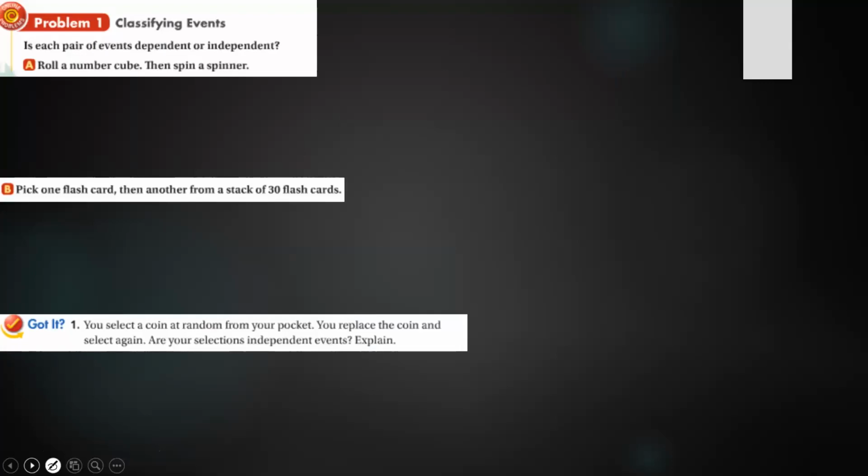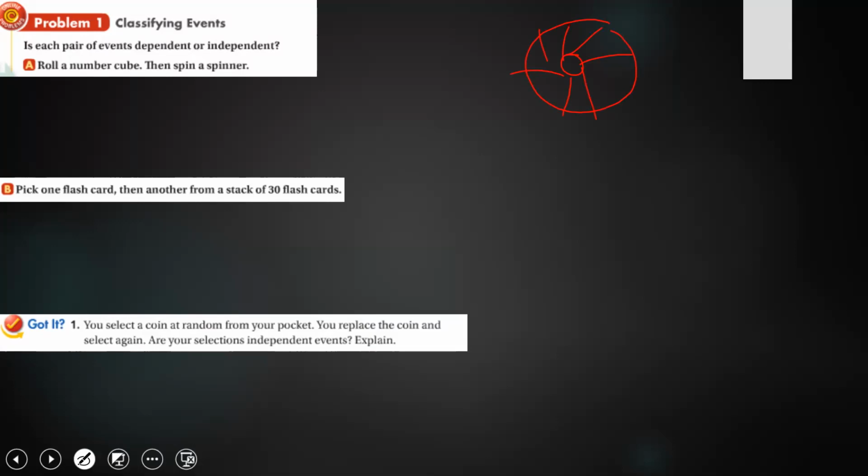Is each pair of events dependent or independent? A, roll a number cube and then spin a spinner. You know the spinner? This is like this one here. You spin a spinner and you roll a number cube. So if I choose the number 6 from the number cube, and if I choose a red color from the spinner, are they affecting each other?